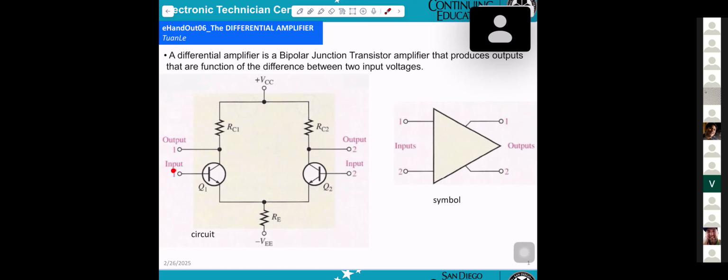You have input 1 and input 2, and the outputs will be output 1 and output 2. That's what they call a differential amplifier. And this is the symbol: input 1, input 2, output 1, output 2.